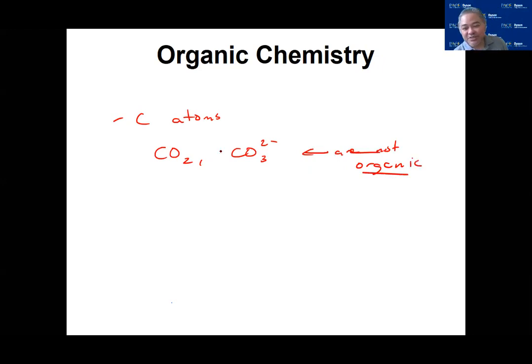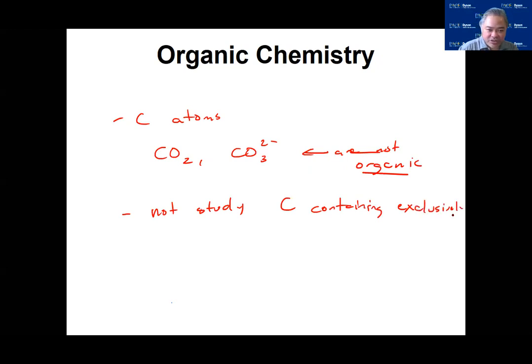So organic chemistry, we could say, is the study of carbon with hydrogen usually, but not exclusively the study of carbon atoms or carbon containing compounds. Because as I told you, these contain carbons, but they are not organic.